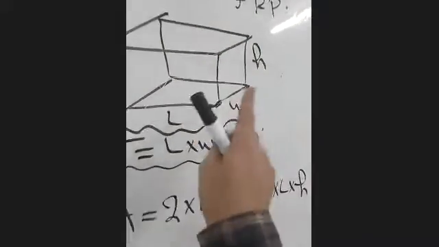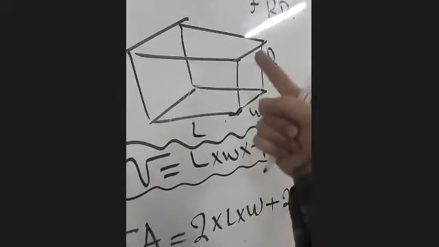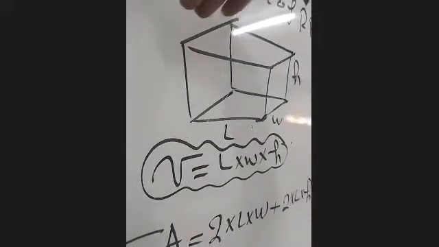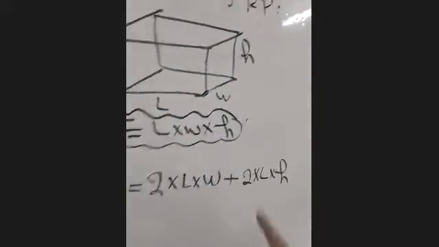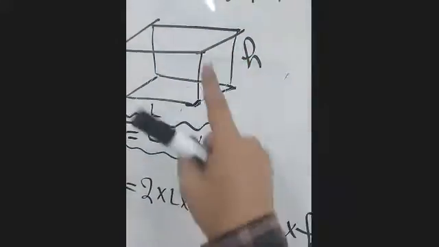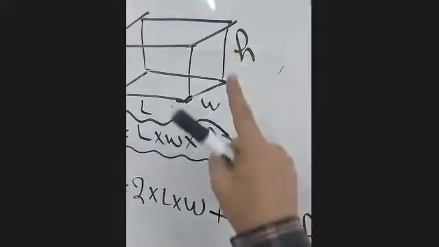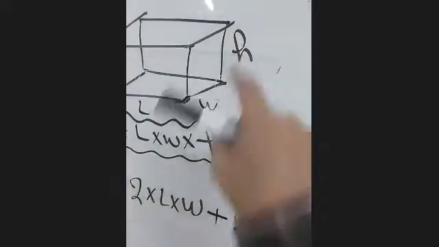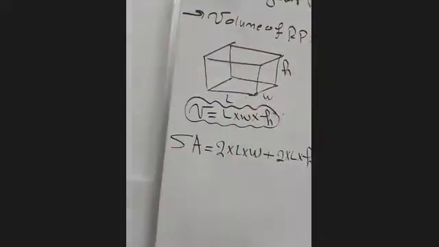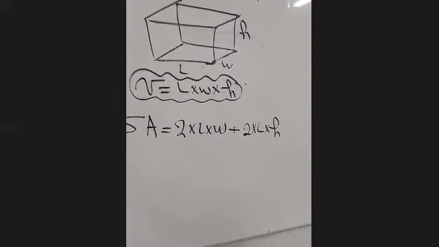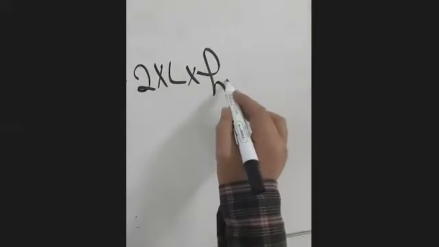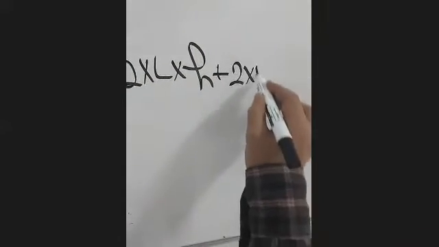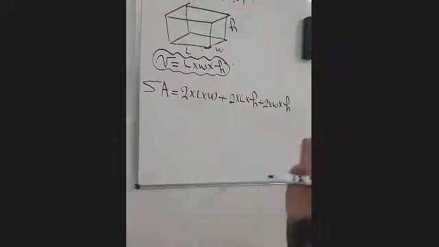Still another 2, which is this face and the face which is on the other side. The area of this face is this side multiply this side, means W multiply H. But I will multiply by 2. I have 2 congruent faces. So here what I will write, plus 2 multiply width multiply height. Now, how many faces we found?